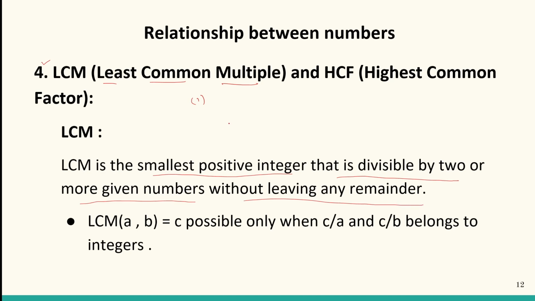So what we need to do first is find the multiple series. Let's say I need to find the LCM of 2, 3, and 7. First you need to find the series of multiples of 2, 3, and 7 individually. For 2: 2, 4, 6, 8, 10, 12, 14, and so on.